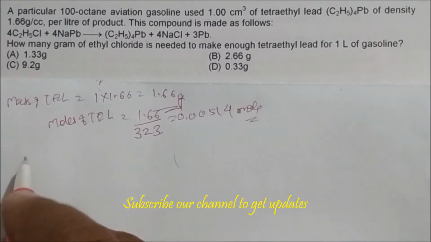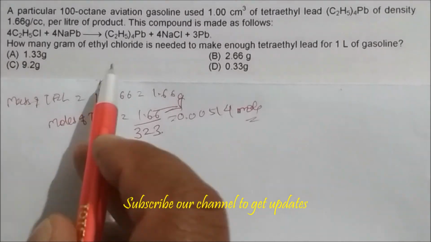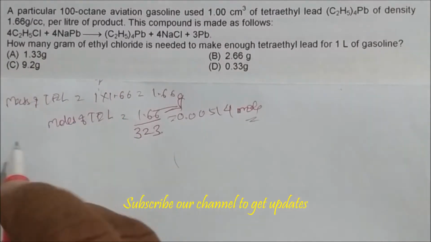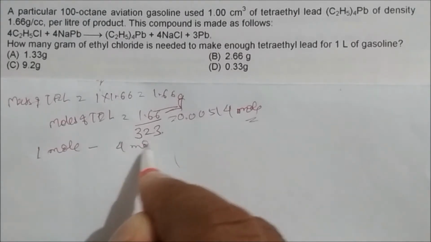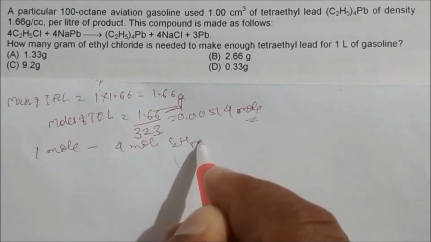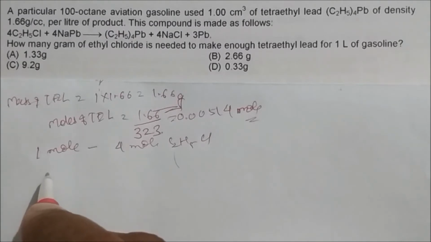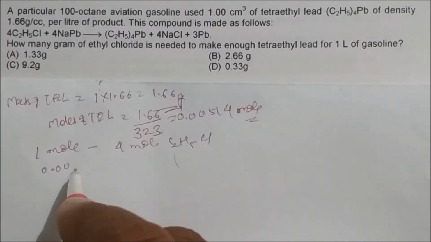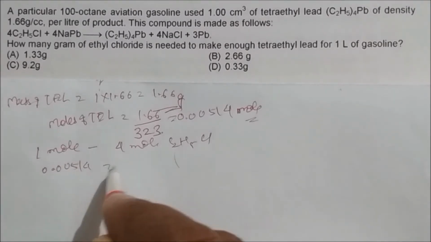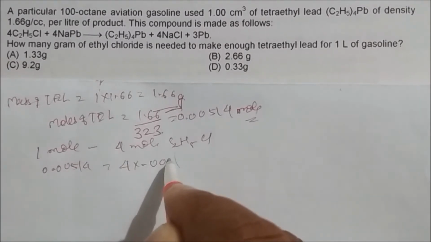Now we know that for 1 mole we require 4 moles of ethyl chloride, C2H5Cl. So for this much mole, it is 4 × 0.00514.